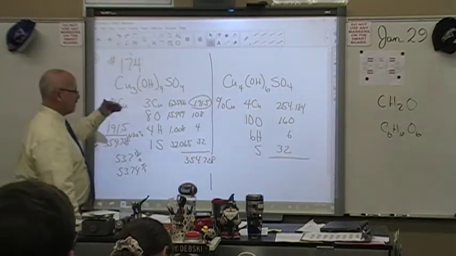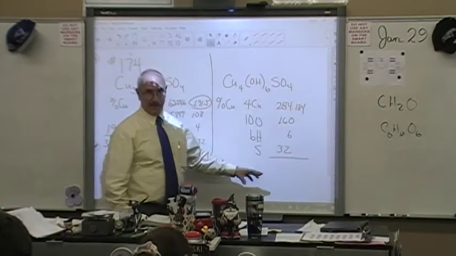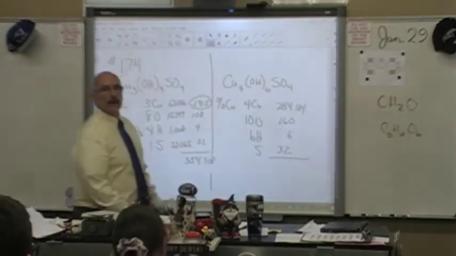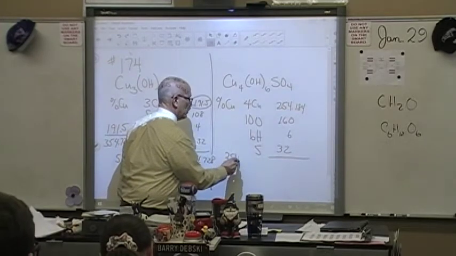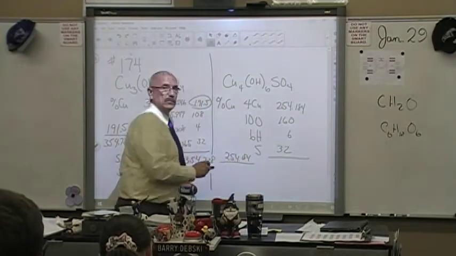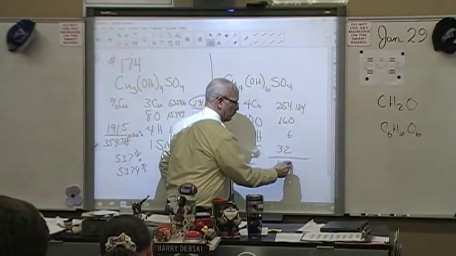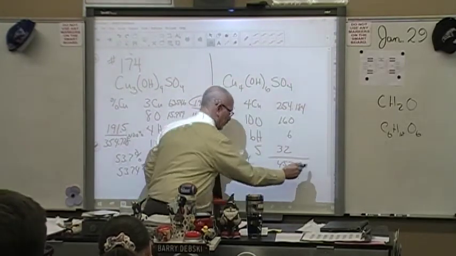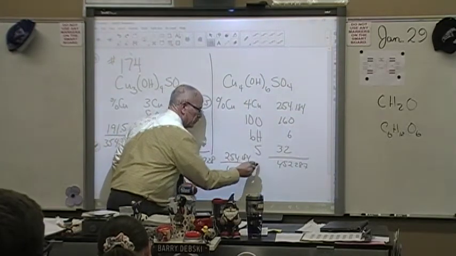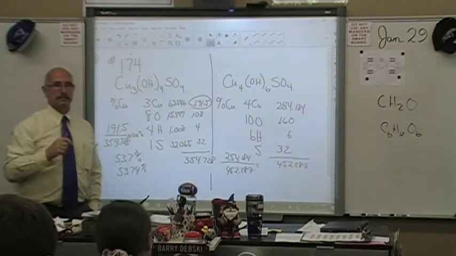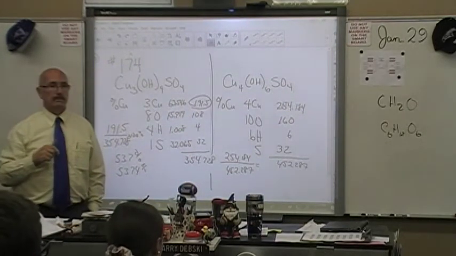Same process, add them up, get a total, and now we're going to divide the 254.184 by this total. Just get the total, Houston. 452.287. And percent. Michael's got it.